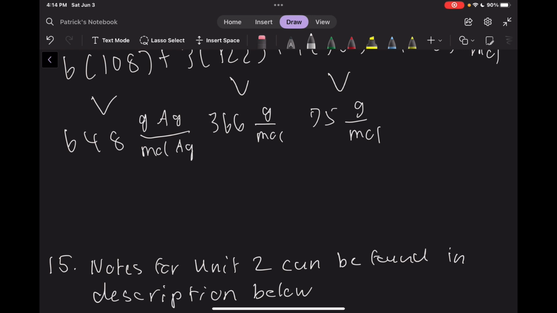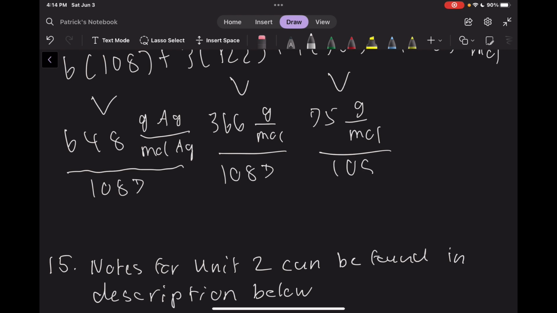If we do the calculations, we see that the percentage of silver present is about 59.6%. The percentage of antimony is about 33.7%.